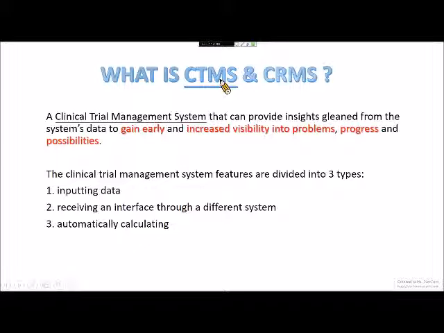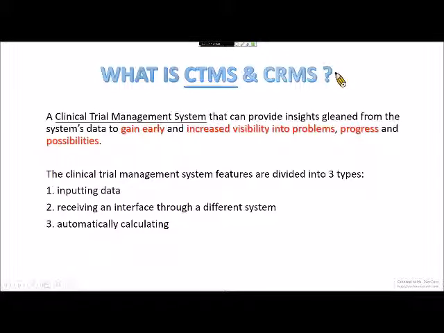And what is the CTMS? A clinical trial management system that can provide insights gleaned from the system's data to gain early and increased visibility into problems, progress, and possibility.